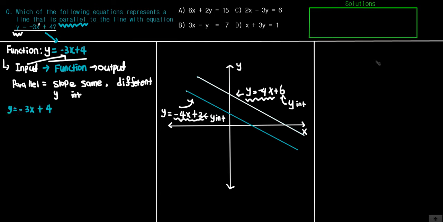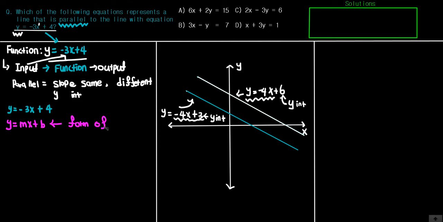If you think about our equation y is equal to negative 3x plus 4, the slope, if you analyze the basic format of a linear function, is y is equal to mx plus b, and this is the form of a linear function.